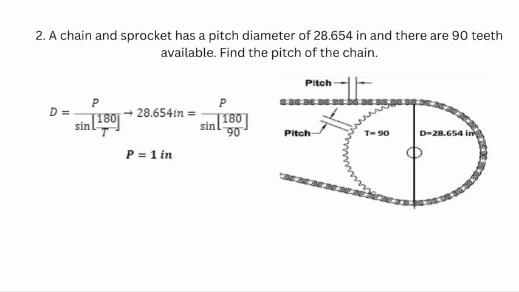The given are diameter of 28.654 inches and the number of teeth of 90. The pitch of the chain gives us 1 inch.